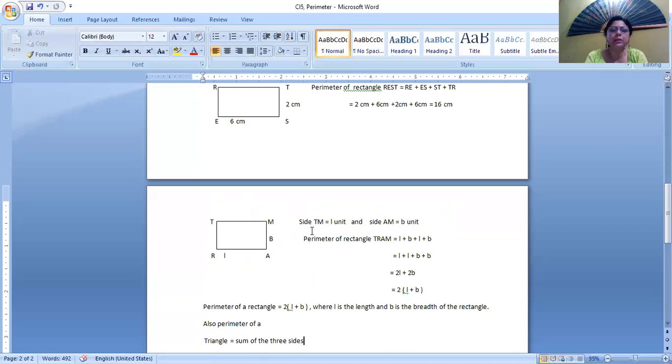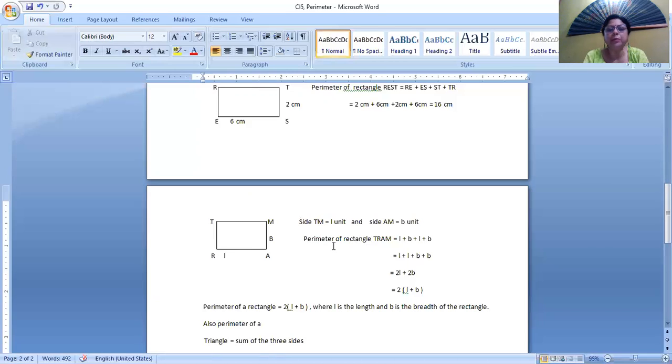Now we have taken the side RA or TM, it is the same, to be L unit. This is L, okay? RA to be L, and sides AM and TR, they are the same, that is B unit. The unit may be meter, centimeter, kilometer, whatever it can be.